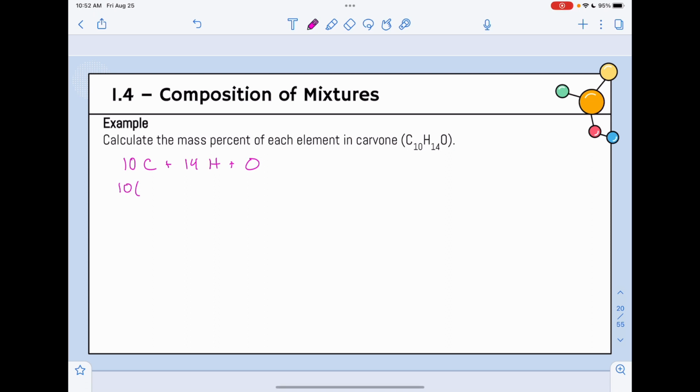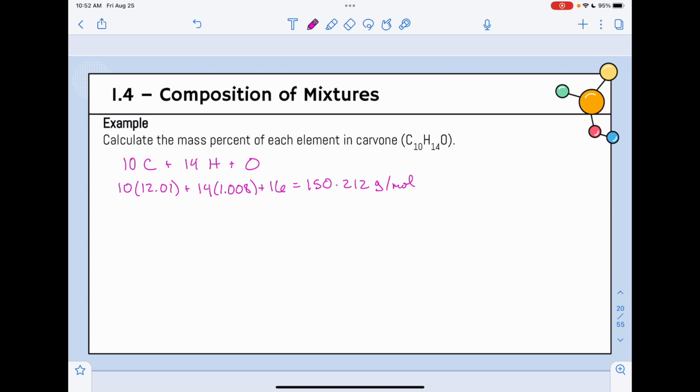So 10 times 12.01, 14 times 1.008, and 16, which comes out to be 150.212 grams per mole. Now, we're going to look at the fraction of each of these in relation to the total compound.